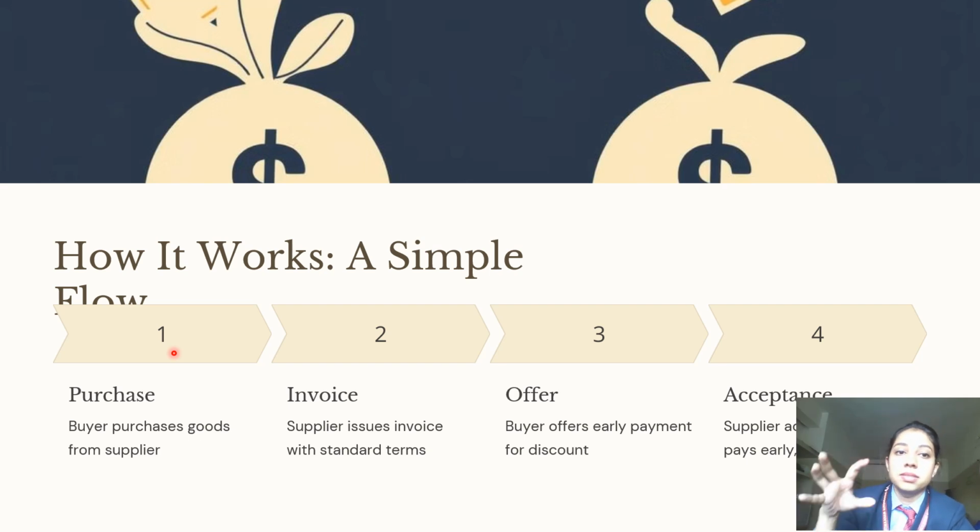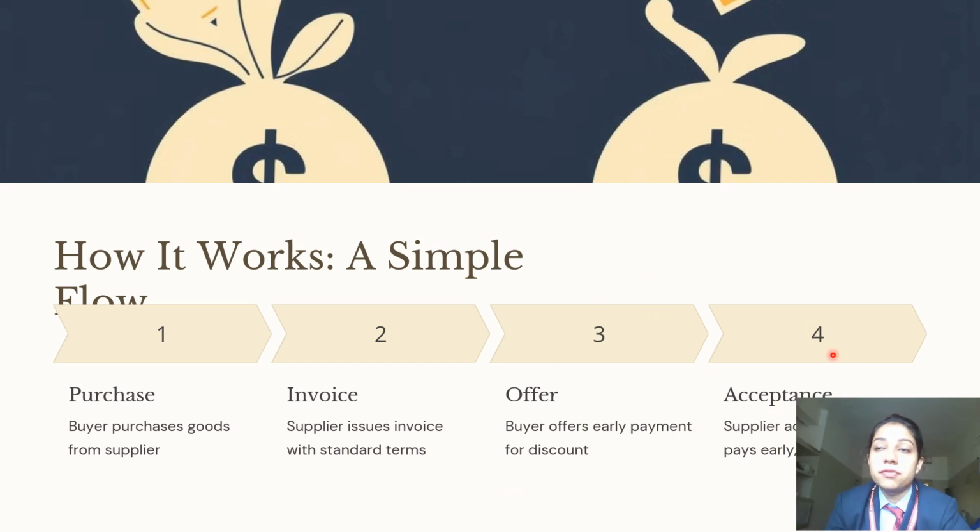The discount rate charged by the supplier is based on how early the payment is. If the payment is made within 5 days of the invoice, the discount will be higher. So paying within 5 days might yield a higher discount than paying within 10 days or 15 days. The basic steps are purchase, then supply of invoice, then offering an early payment, and the supplier will accept.